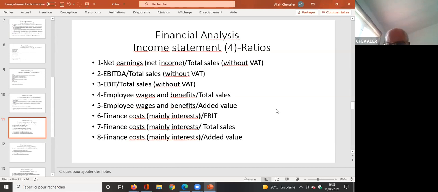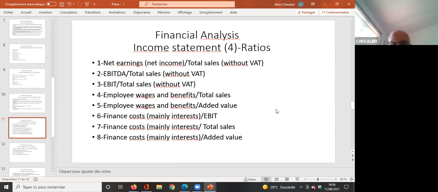This analysis is done very carefully, because in many activities today, employee wages and benefits is the number one expense. So a small improvement increases tremendously the level of the returns.